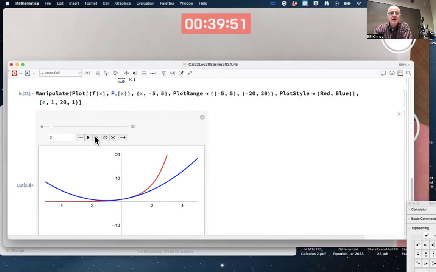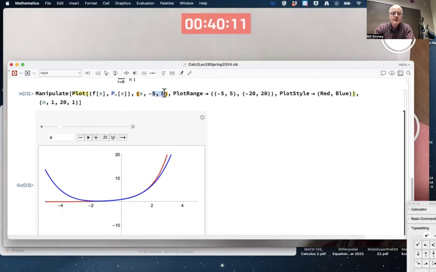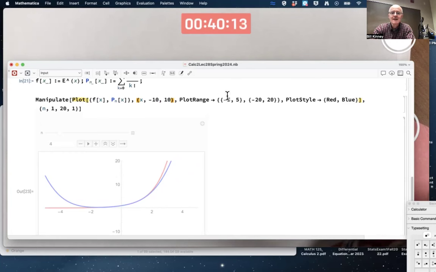Let n increase to 3, you get a cubic approximation. Let n increase to 4, you get a 4th degree. And as n increases, the approximation gets better and better, not just near 0, but over the entire number line. And it's like a dog wagging its tail. We could go out further, maybe -10 to 10.